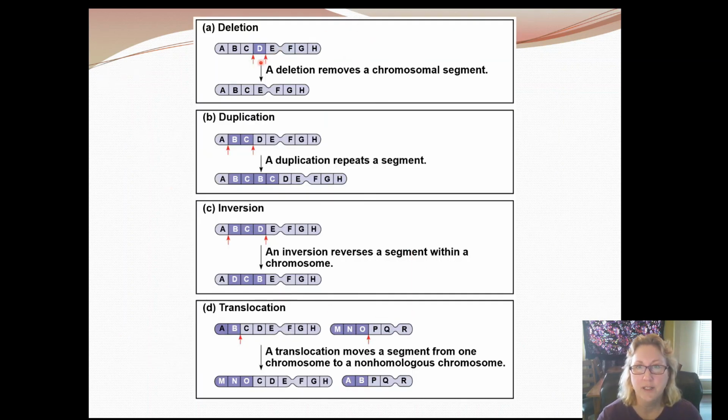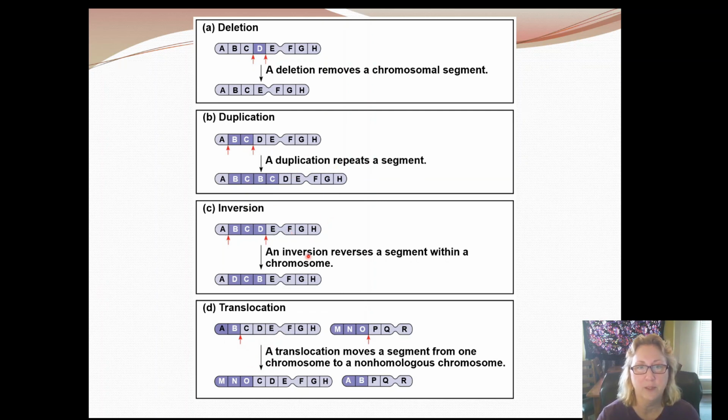So a deletion is a piece that's missing. A duplication means one chromatid has repeated sequences. And this could occur from a crossover error as well, as can a deletion. Inversions as well: the normal gene order is reversed for some segment. Translocation: a piece that contains some number of genes is found on a different chromosome from where it normally would be found.